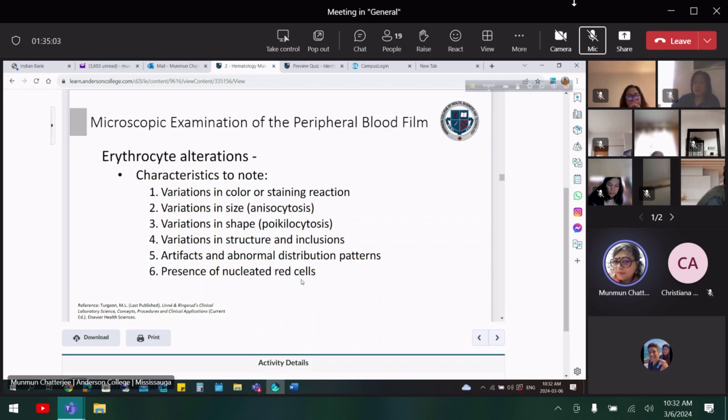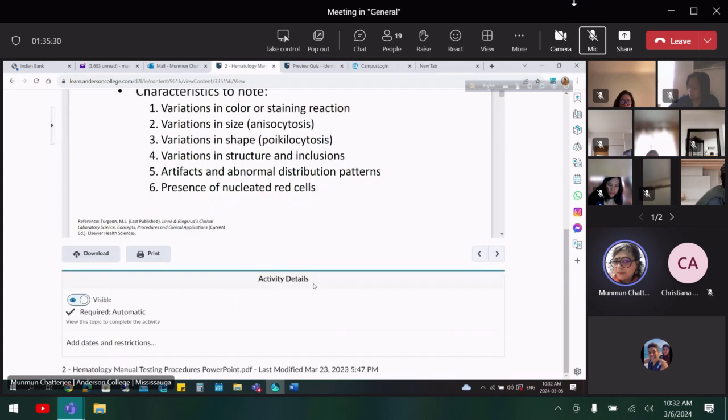But in general, if you see the presence of too many nucleated red cells, it means the reticulocytes, because mature red cells don't have the nucleus. So it's a tricky thing. Nucleated red cells mean there is a chance of anemia.